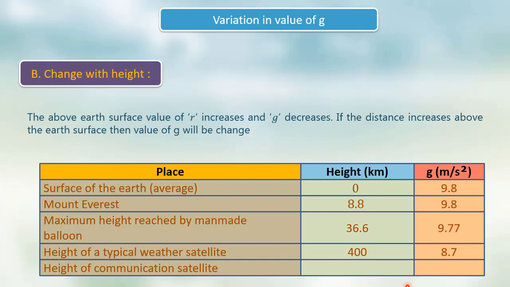Height of a communication satellite is 35,700, g is 0.225. Means here if the height increases, then the g value will decrease.